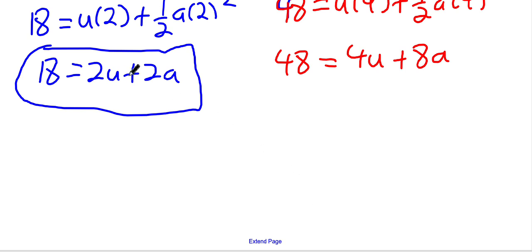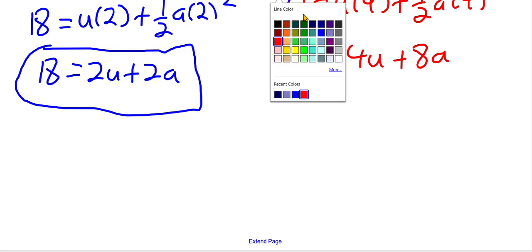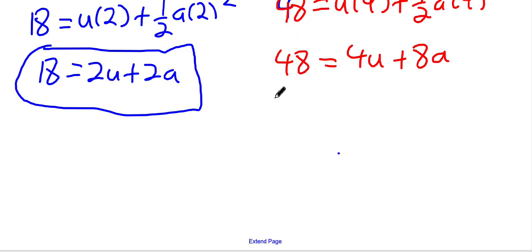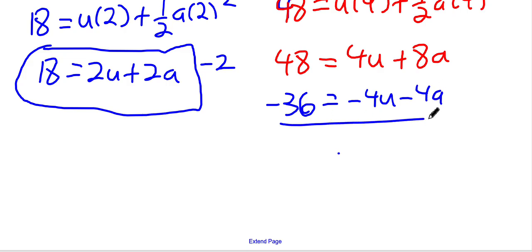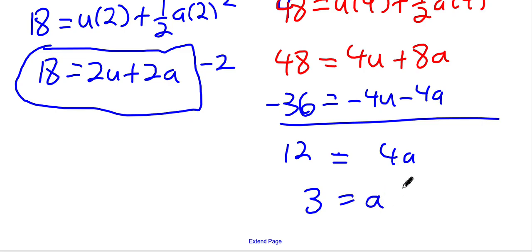I'll double the blue equation, and then subtract. So minus 36 minus 4u minus 4a gives 4a equals 12, so a equals 3 meters per second squared.